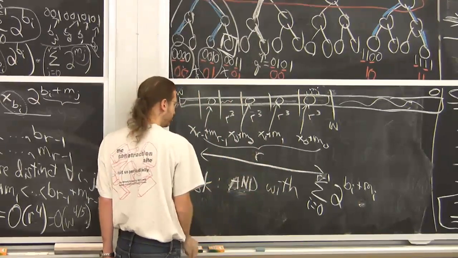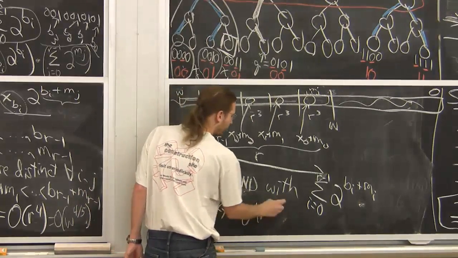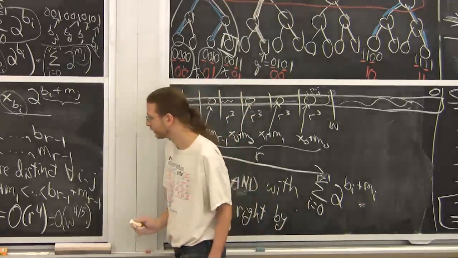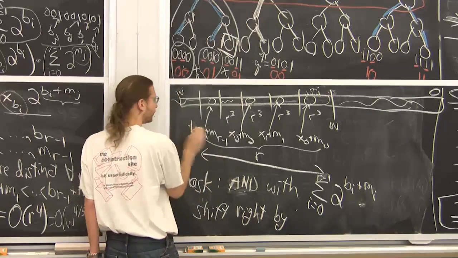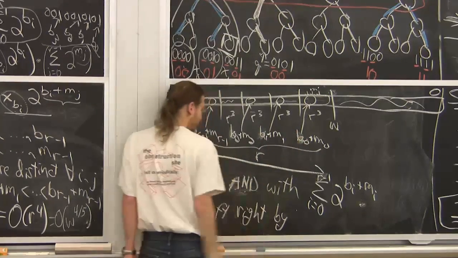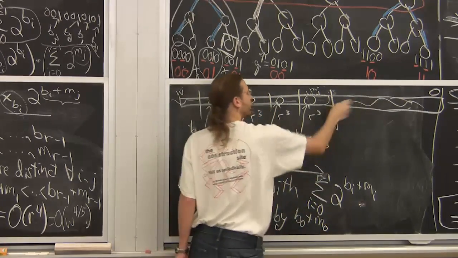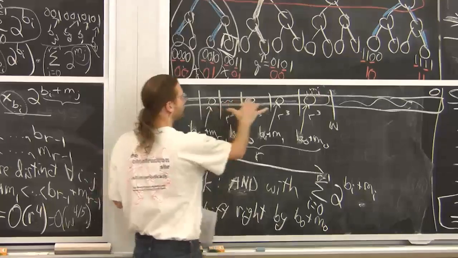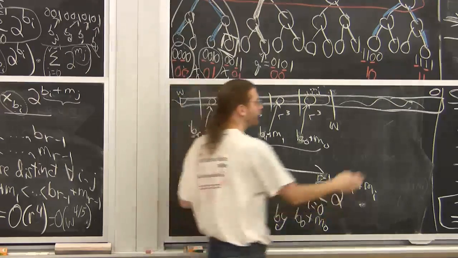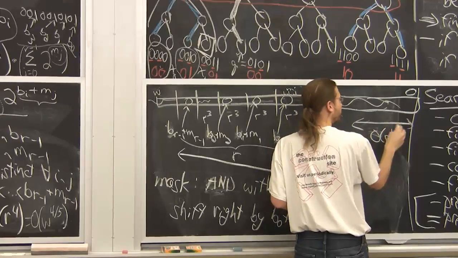So if we grab those things and then we shift right by, why am I writing x? Sorry, these are all b's. And we shift right by b0 plus m0, because we don't care about all those leading bits. So we shift this over to the left. We did the mask. Then we will just have the important bits, and they will occupy an interval of size at most, let's say, order r cubed, or r to the fourth, sorry.